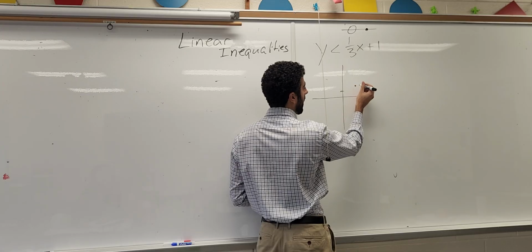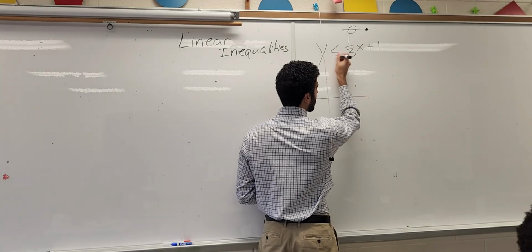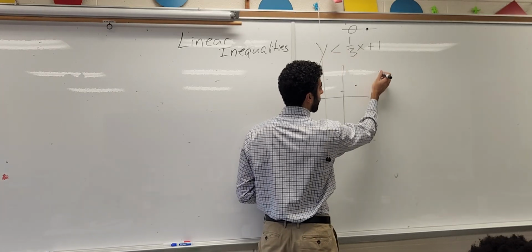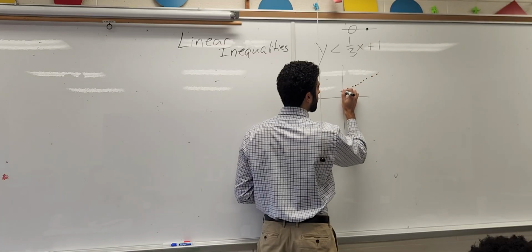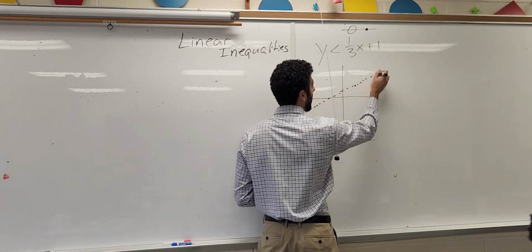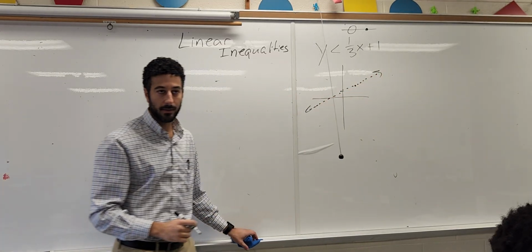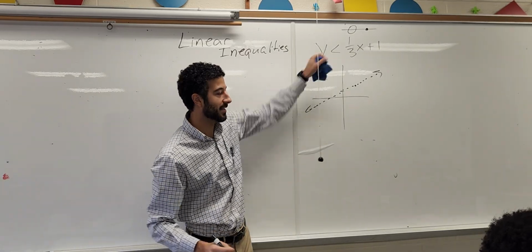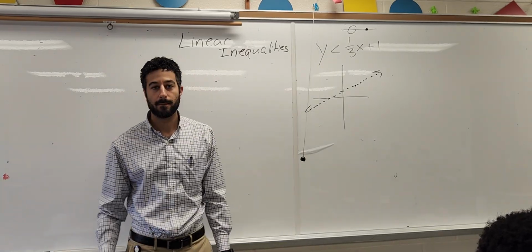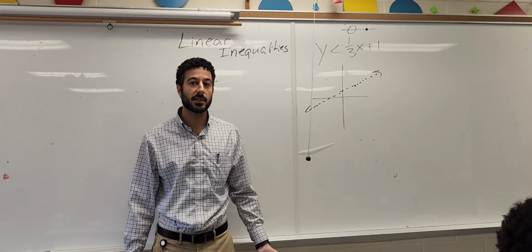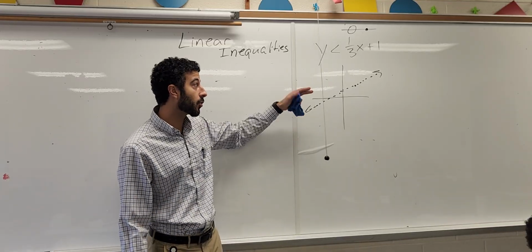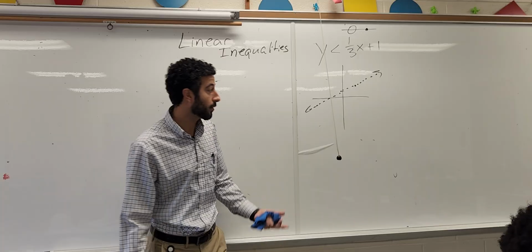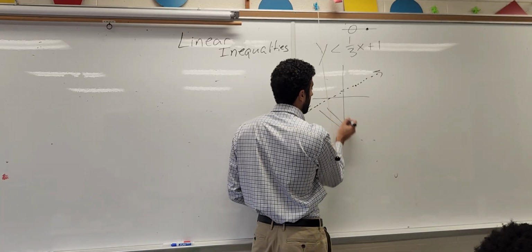Instead of a solid line, because it's not equal to, it's only less than, you make a dashed line. That's how you show the difference between less than or equal to and just less than. Then the thought process is, do I shade above the line or below the line? Below is correct, and then you shade below the line.